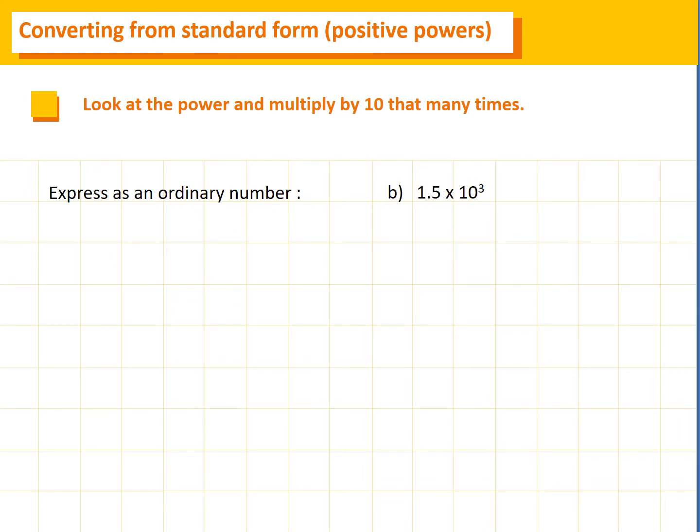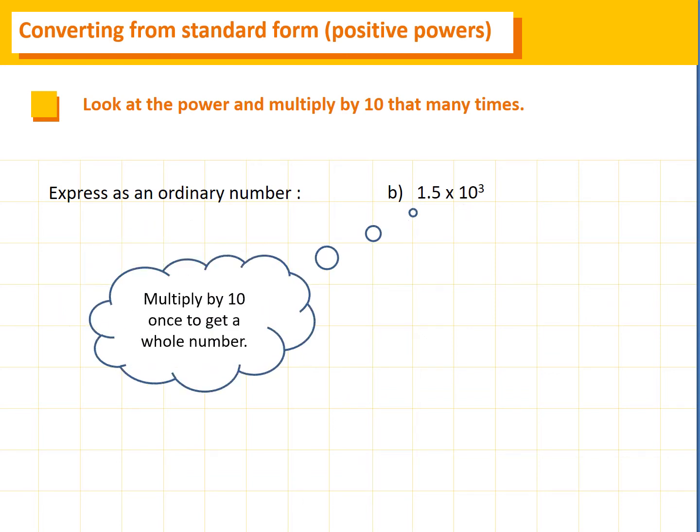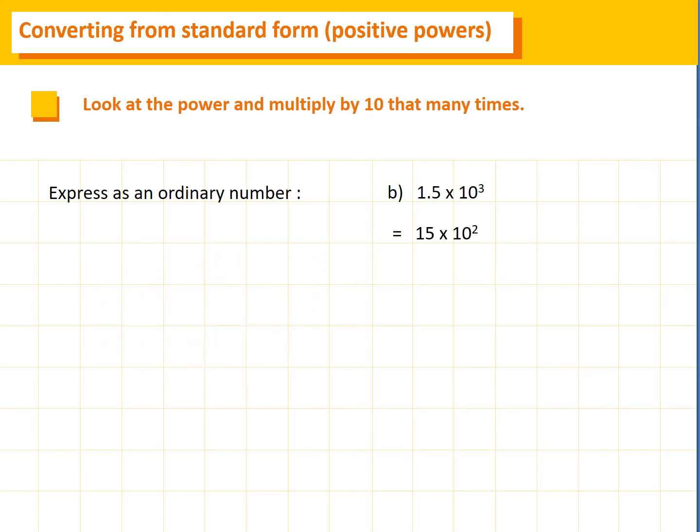Once again, this number is in standard form because 1.5 is between 1 and 10, and then it is multiplied by a power of 10. To multiply by 10 cubed means multiply by 10 3 times. Now I wouldn't just add 3 zeros this time because we need to turn 1.5 into a whole number. So we times it by 10 once to get that whole number.